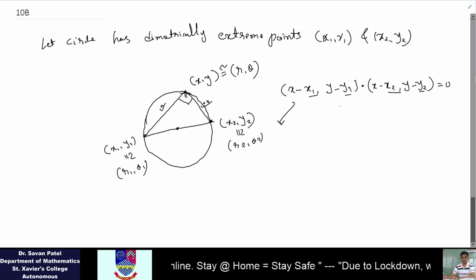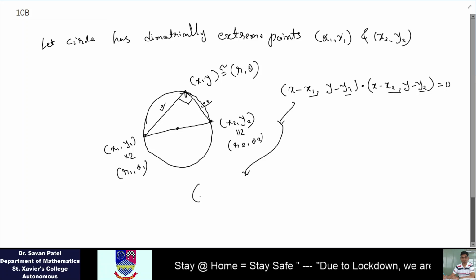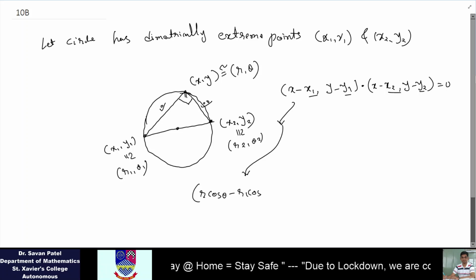So let me write this equation in polar form. That is r cos theta minus r1 cos theta 1. Let me first of all expand this, so we can relate better.